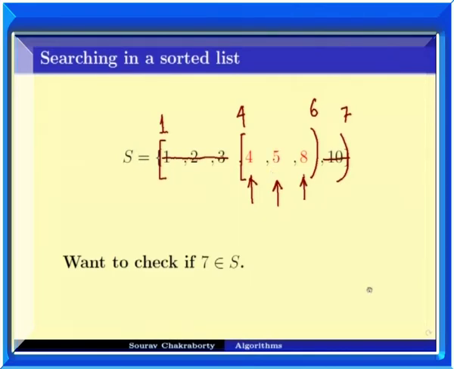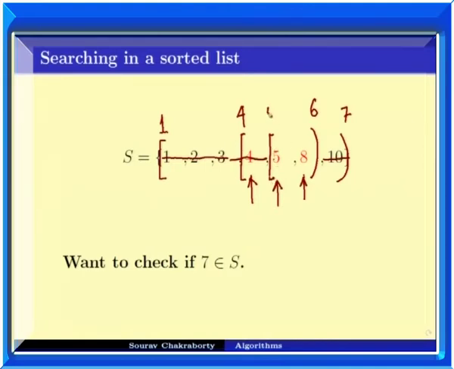Again we say 7 is greater than 5. If 7 is greater than 5, then 7 cannot be anything on the left hand side of 5. So, we can strike off this element and we can push our boundary to this.